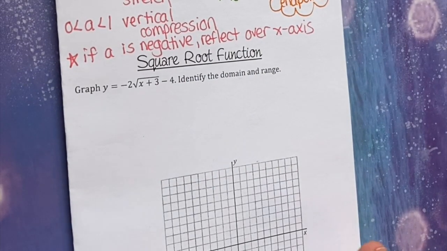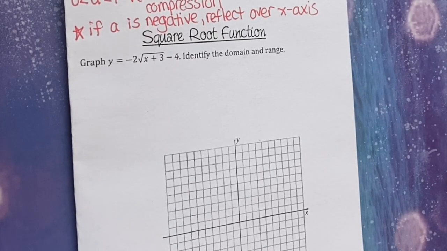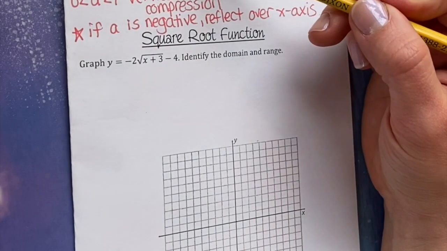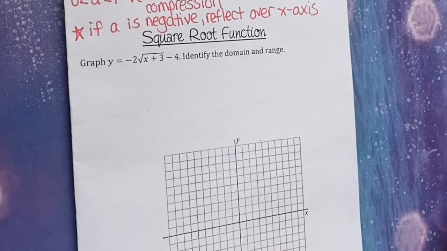Okay, so we have an example down here, and let's just take a look at the equation first and kind of notice the different transformations that are happening, and that can help you predict what the graph is going to look like before we start actually making our table of values. So looking at this equation, let's look at our a value. So here our a value is -2.